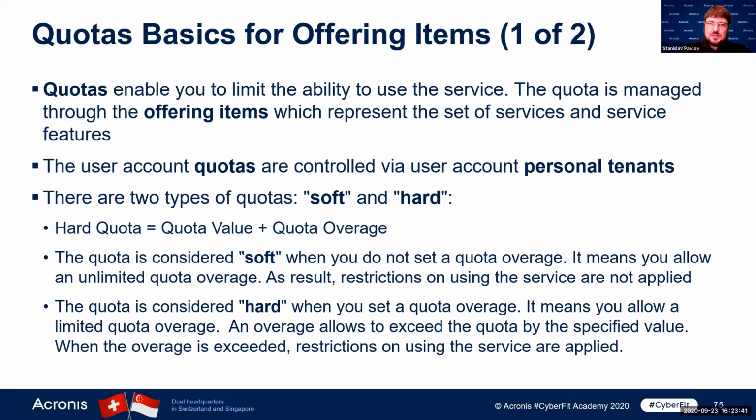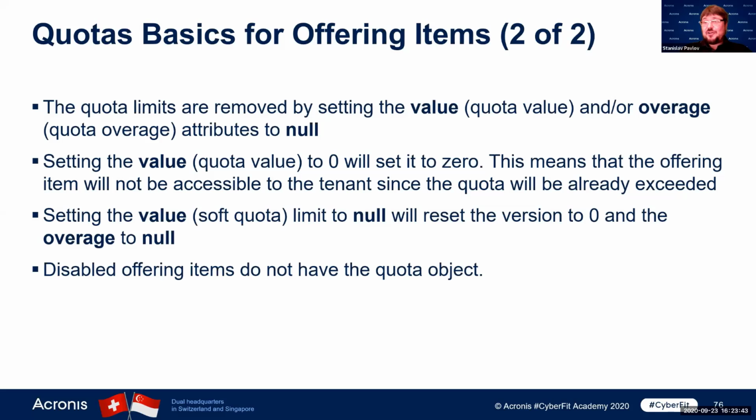Okay, so we now know how to set quotas. We need just to set these values. We remember that we just use update offering items with a quota object, and we saw it inside specific offering items.